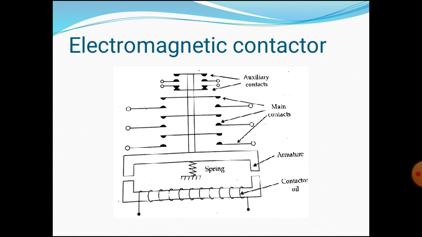The contacts are available for different voltages, ratings, and contact combinations. It also consists of armature, contactor coil, spring. The difference between contactors and the relay is that a contactor has three main contacts and few auxiliary contacts, whereas a relay has only two auxiliary contacts. This is the diagram of electromagnetic contactor.